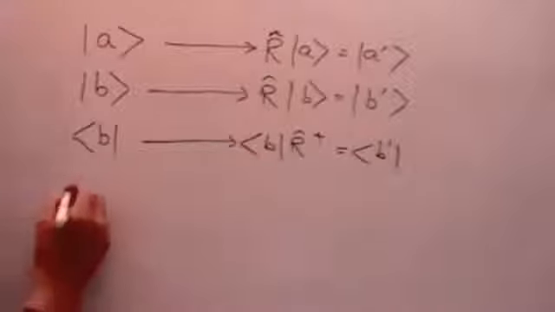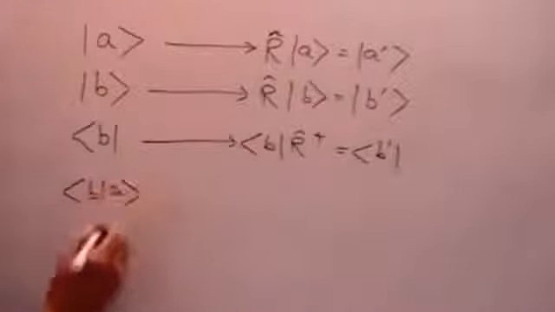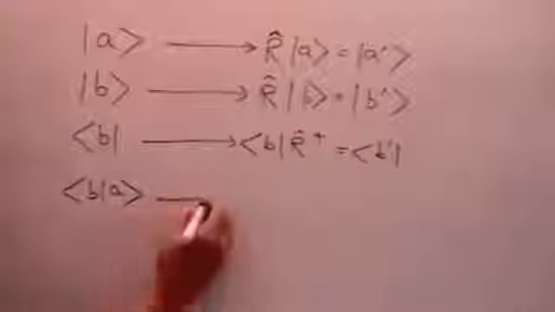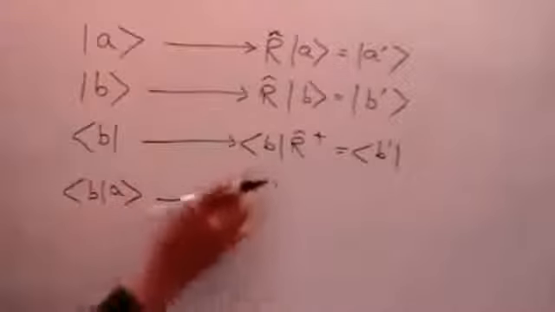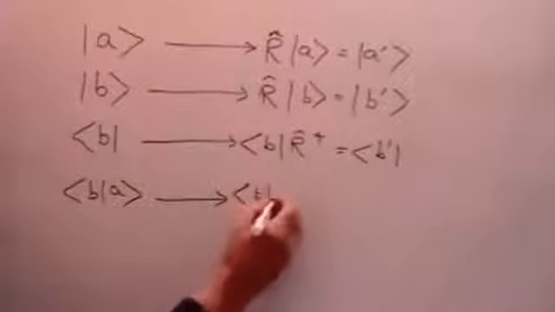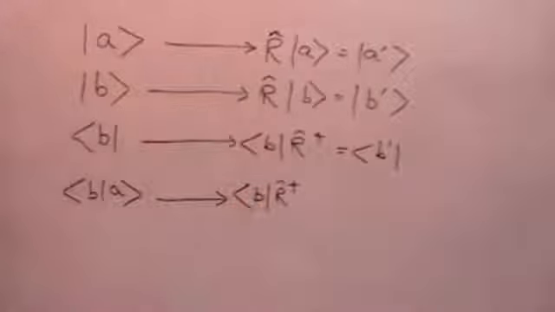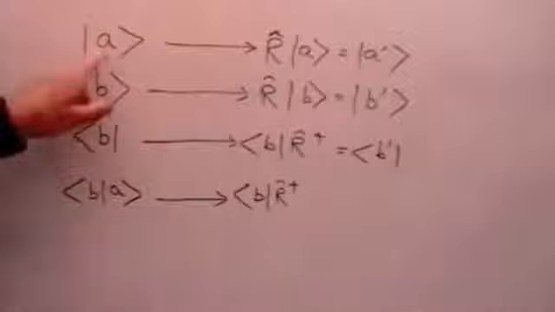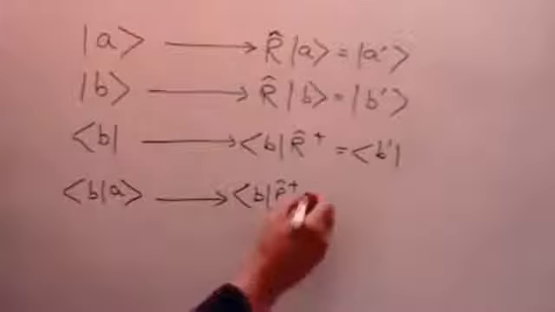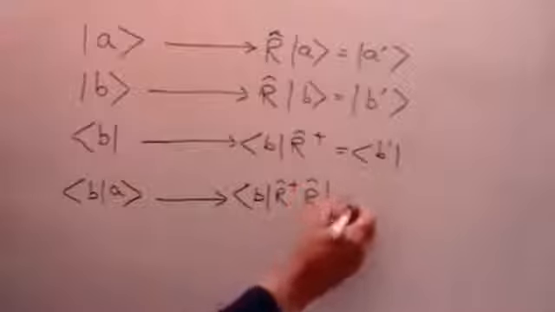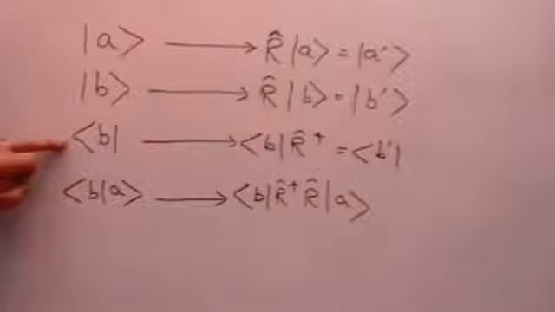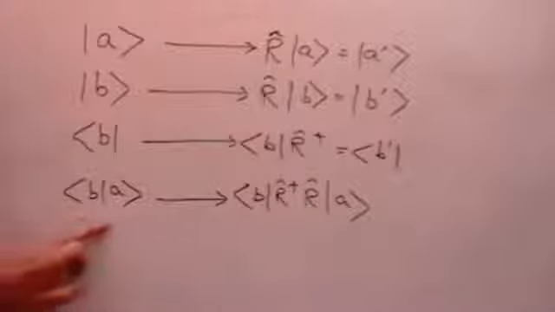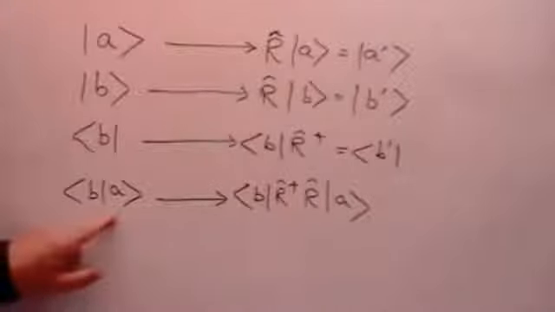Now let's ask what happens if you take the inner product of B with A, and that is essentially rotated. So you're going to get the rotated version of the bra vector of B, which is simply B R dagger, times the rotated version of the vector A, which is R A. And now we use the same logic we used before, which is that whilst A and B may change when you rotate them, the inner product between them does not, because this inner product is just a number.